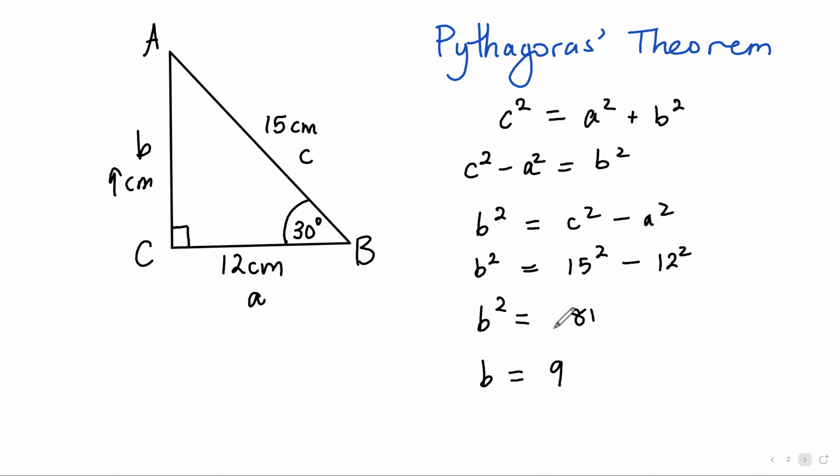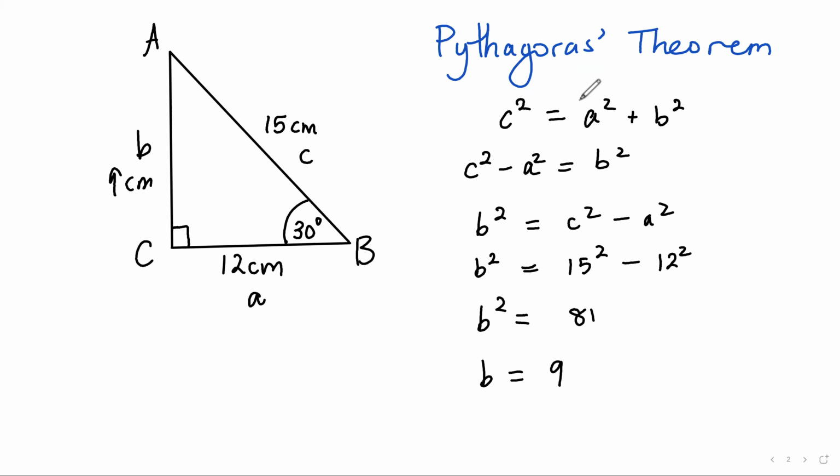We also looked at Pythagoras' theorem, which everybody says is a squared plus b squared is c squared, but you need to know what a, b, and c represent. c squared is the square of the hypotenuse. So Pythagoras' theorem tells us that the square of the hypotenuse is equal to the sum of the squares of the other two sides.